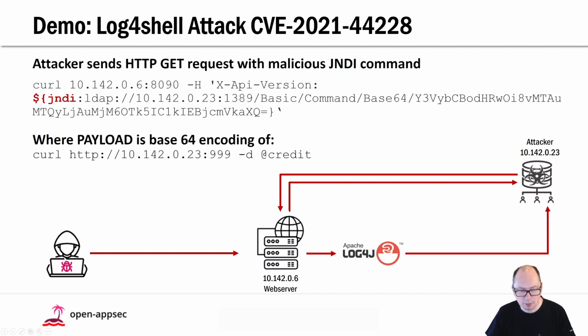So flow-wise, he sends this request here. Log4j is instructed based on the JNDI to send the malicious base64 encoded payload here. And the attacker then uses the payload, creates a jar file and responds with the jar file back to the Log4j module here, and then it actually gets executed and uploads the credit card numbers back to the attacker.